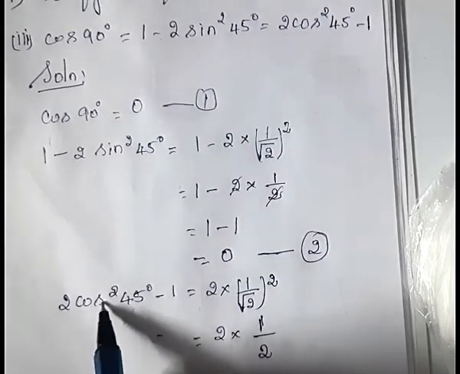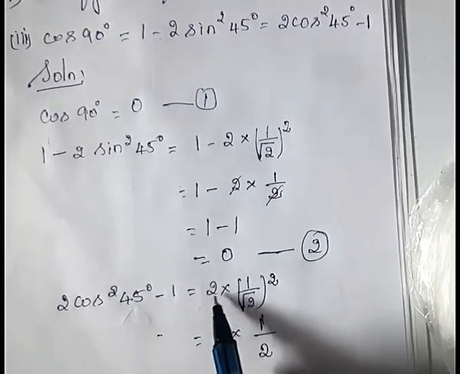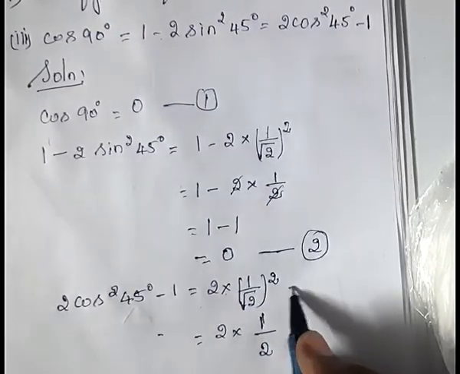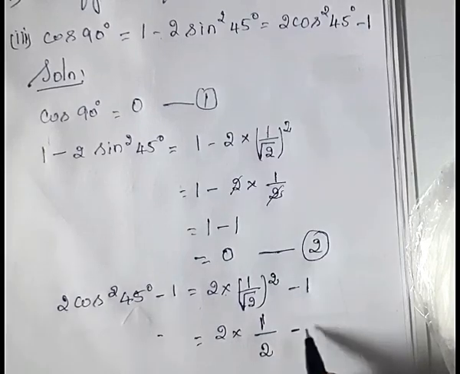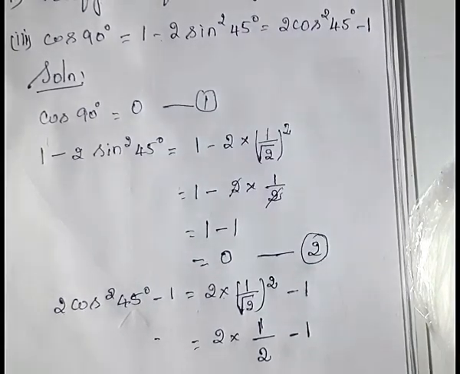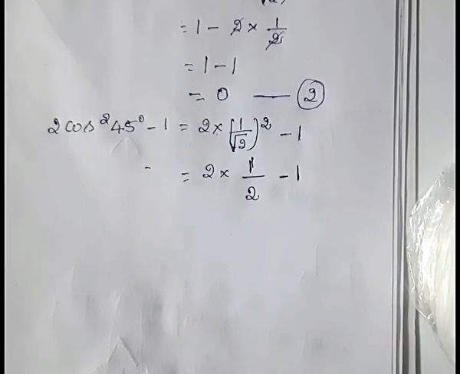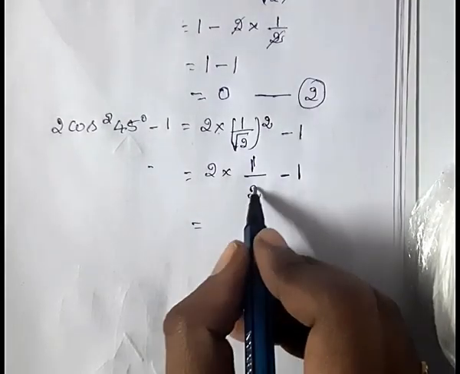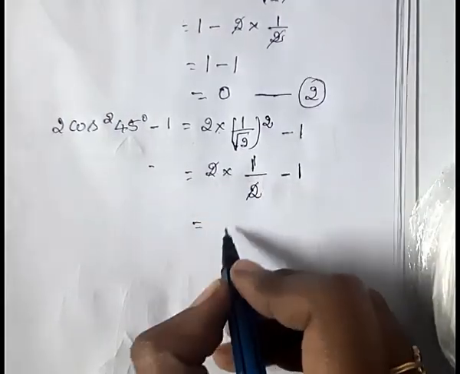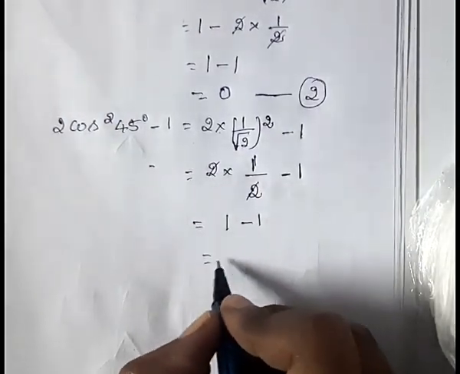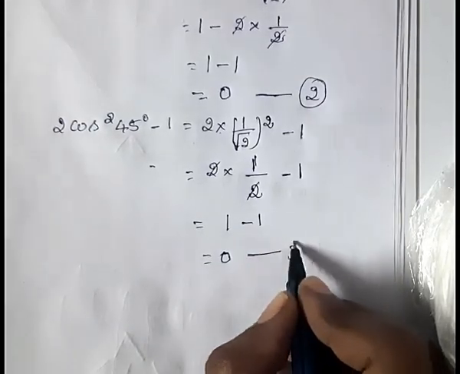So 2 into 1 by root 2 square minus 1, that is equal to, cancel it, 1 minus 1 equal to 0. This is equation number 3.